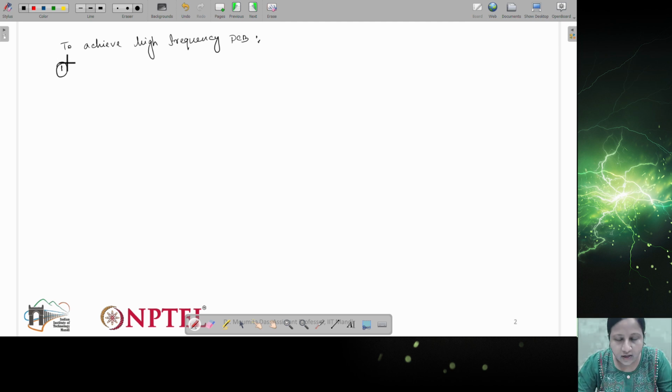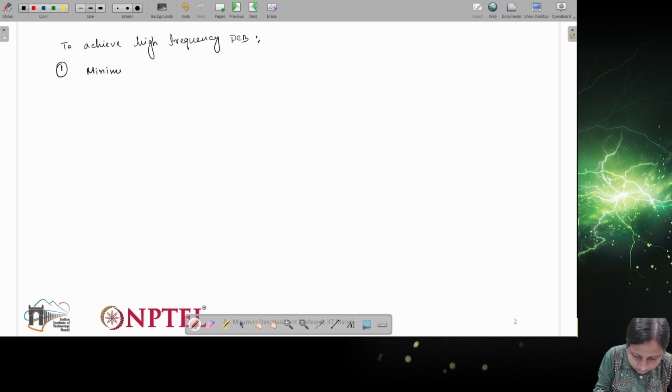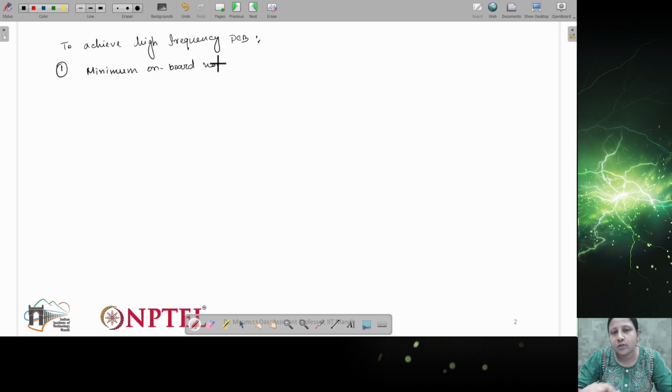These factors I am listing down here. The first is minimum onboard noise. Noise is one of the important things which affects high frequency operation.